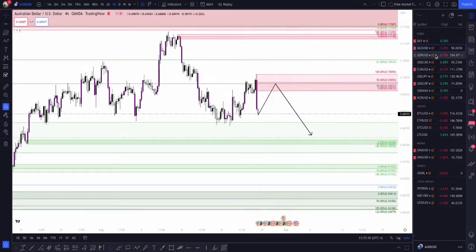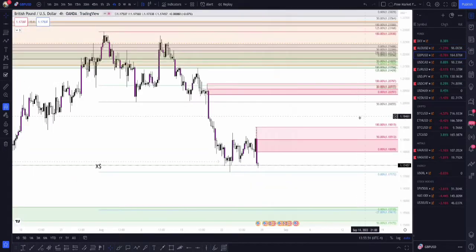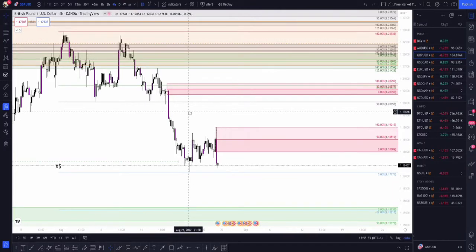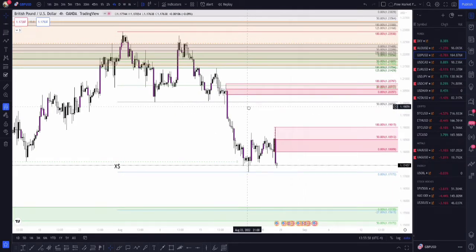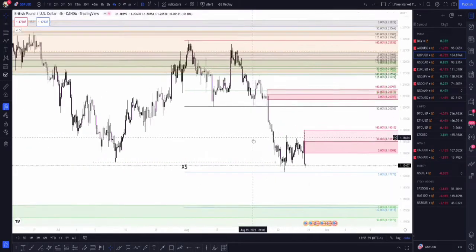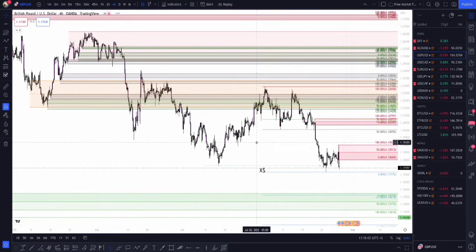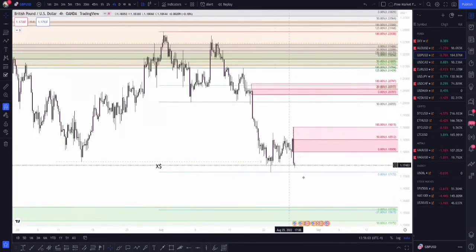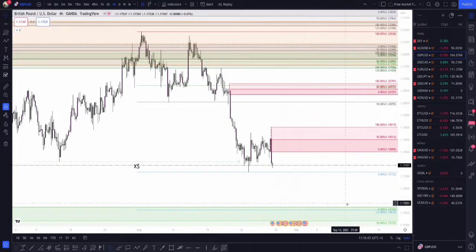All right, pound USD. We have more long positions. So I'm looking for price to come into an unmitigated demand, which is here in the 1.15735 zone.